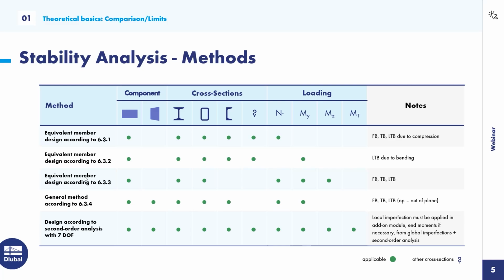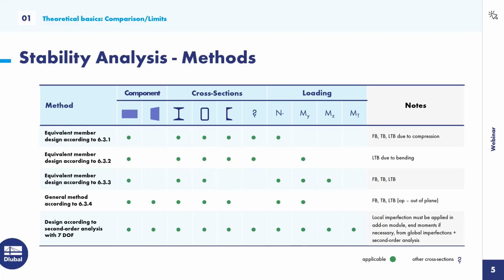Then the third line, equivalent member design according to 6.3.3. Uniform members in bending and axial compression. This method is only valid for I sections and hollow sections, that means all double symmetric sections.